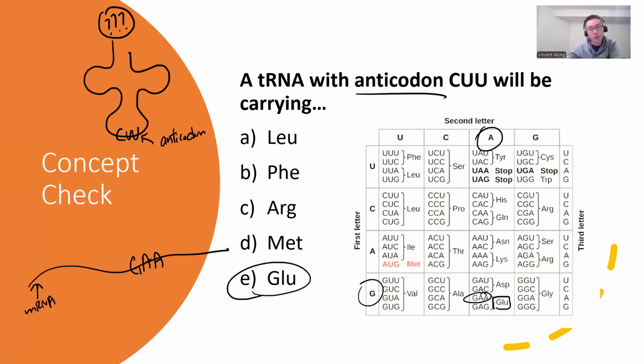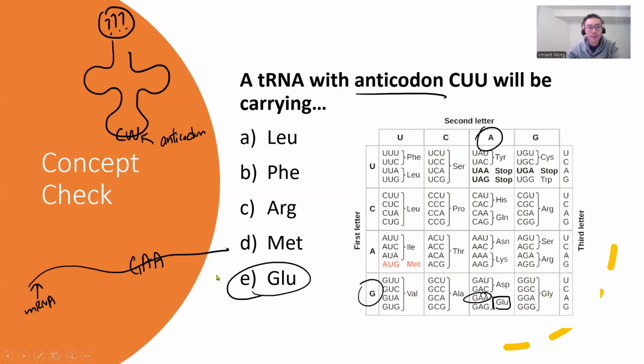Is it the codon or the anticodon? Codon. That's right. That's why we do not look up the anticodon. We have to look up the codon. How do you get the codon from the anticodon? The anticodon is complementary to the codon. Okay, that's why CUU is GAA.